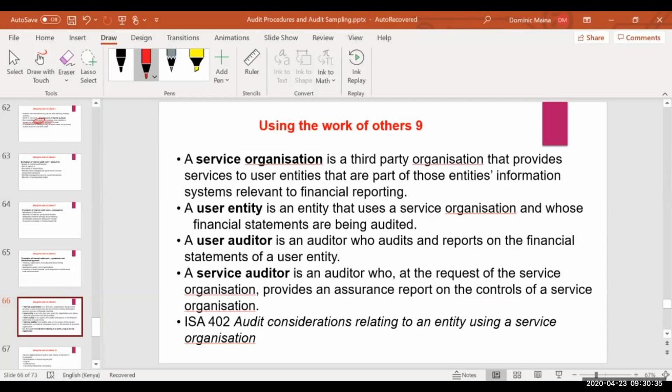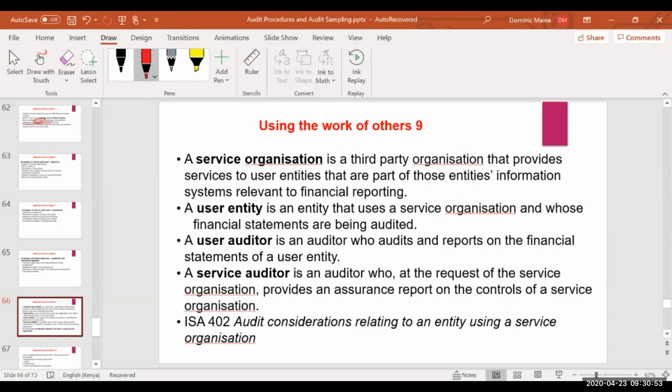Now, a service auditor is the auditor of the service organization. A service auditor is an auditor who, at the request of the service organization, provides an assurance report on the controls of the service organization.